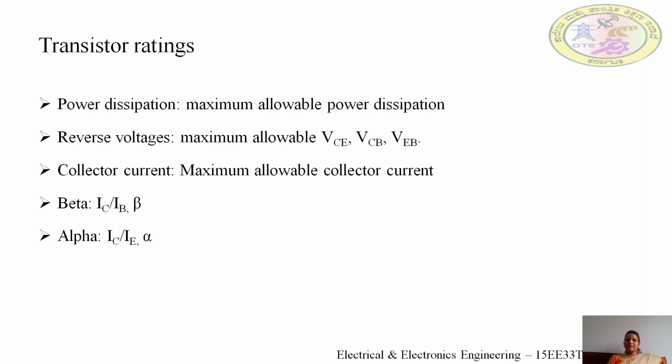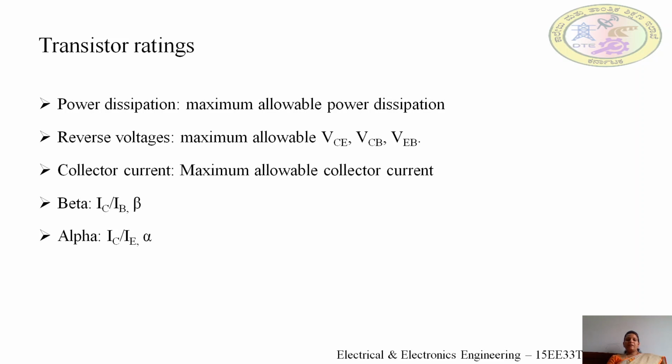Next rating is the beta value. Beta is nothing but the collector current divided by the base current. This beta and alpha we are going to discuss in the next sessions. As of now, beta is collector current divided by the base current, and alpha is the collector current divided by the emitter current.